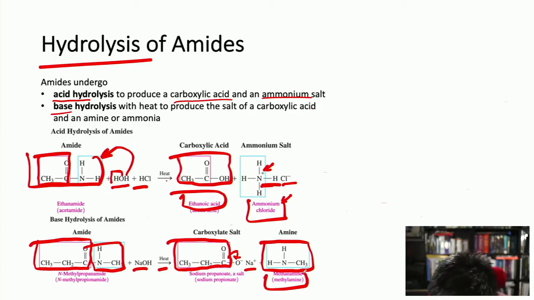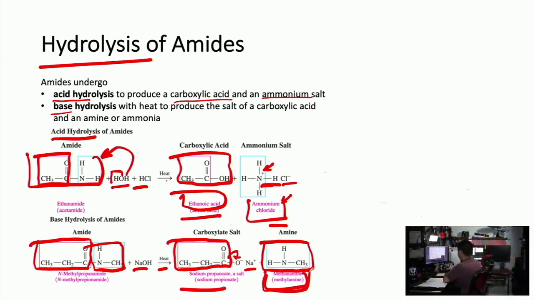So the difference here is that in an acid hydrolysis, we end up with the carboxylic acid and an ammonium salt. Whereas it's reversed when you do a base hydrolysis, because here we end up with the carboxylic acid salt and an amine. So let's do a quick example.